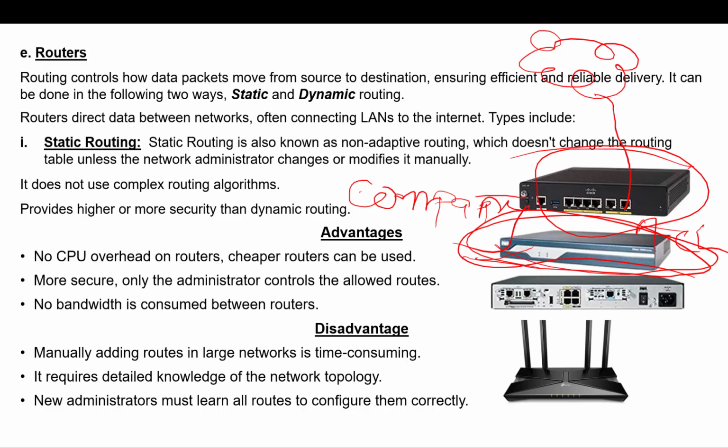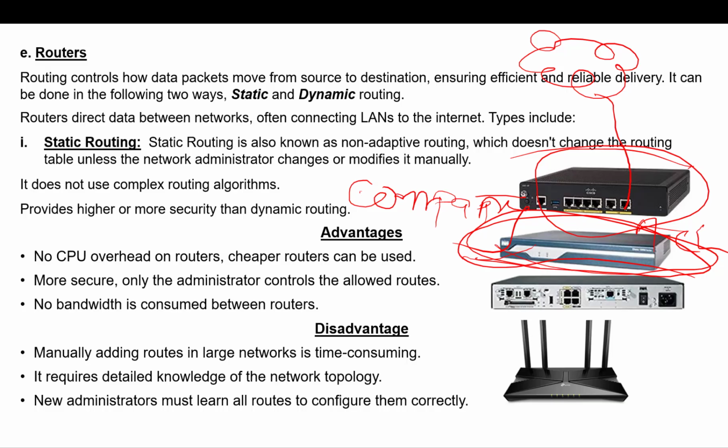So now we have two types of routing. The first is static routing, also known as non-adaptive routing, which does not change the routing table unless the network administrator changes or modifies it manually. You understand? For example, a static route is fixed, just like immigration control, right?